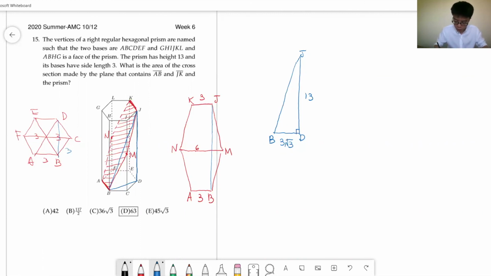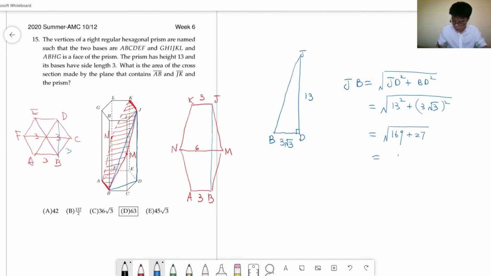Now let's solve for the hypotenuse. JB is the square root of JD squared plus BD squared. 13 squared plus (3 root 3) squared, and this becomes the square root of 169 plus 27.